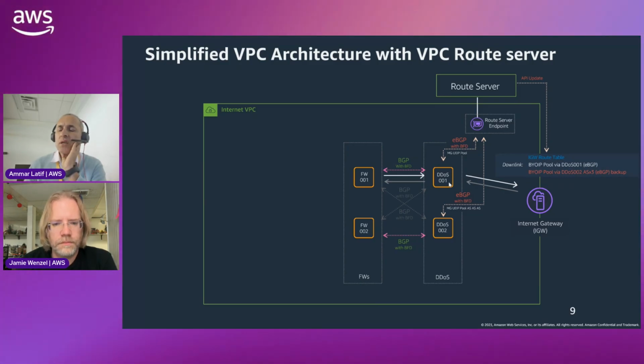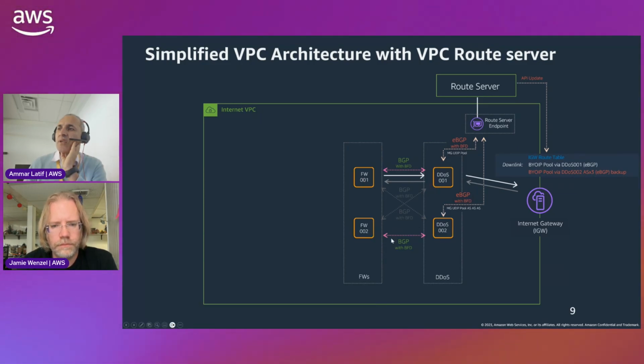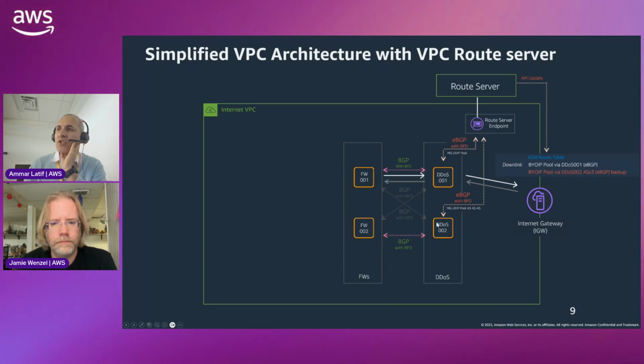In between these instances, we are using BGP directly between them. This has nothing to do with the VPC. You're just doing BGP crisscrossing between them to get traffic from the firewall to DDoS and back, and then from here to other instances. But what if you want to send traffic to the internet?